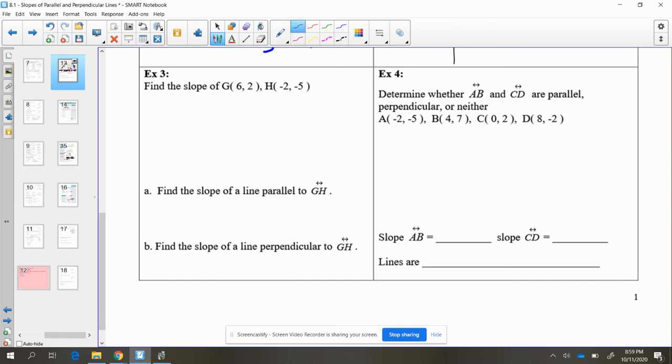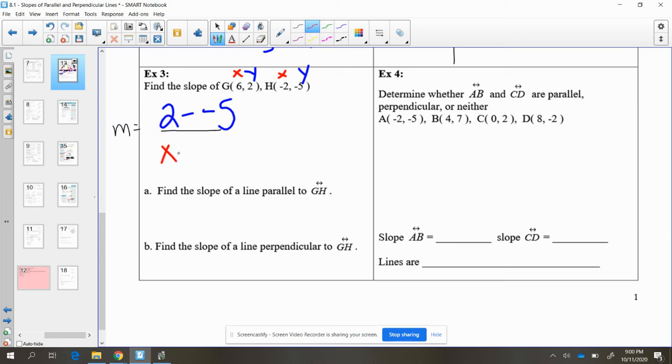So we have slopes here of GH. So again, we're going to look at our two x values and our two y values. And a reminder, we're going to subtract the y values first. So 2 minus -5. And then we're going to subtract the two x values.